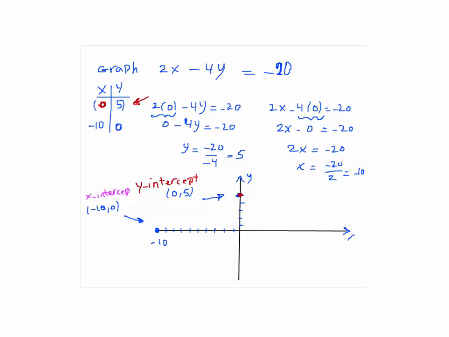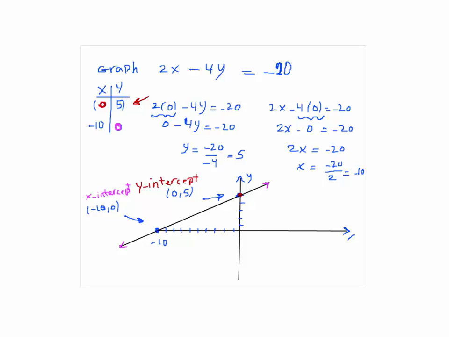So to find the x-intercept, you let y be equal to 0 and solve for x. And then to graph this, we simply connect these 2 points together, and that would be the graph of the line here.